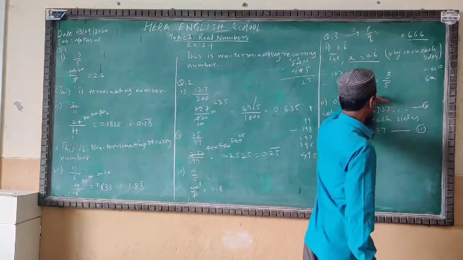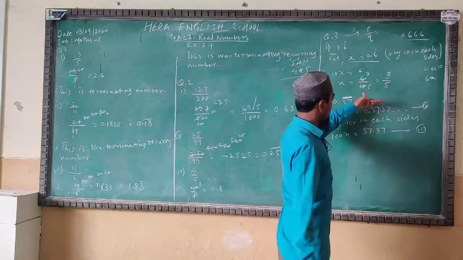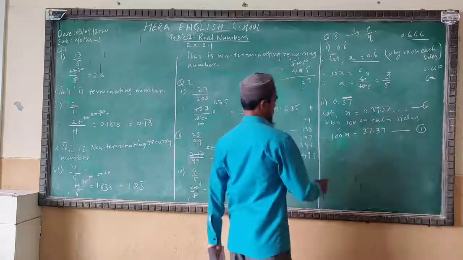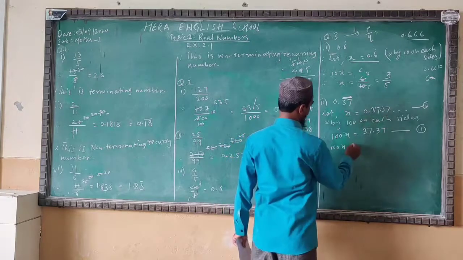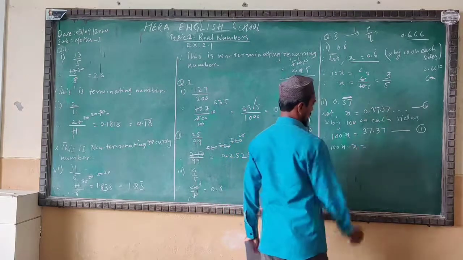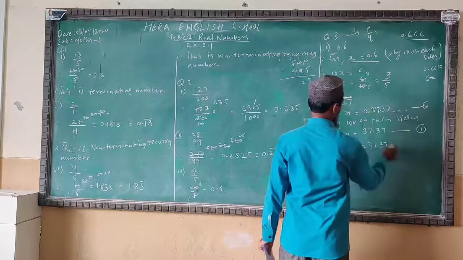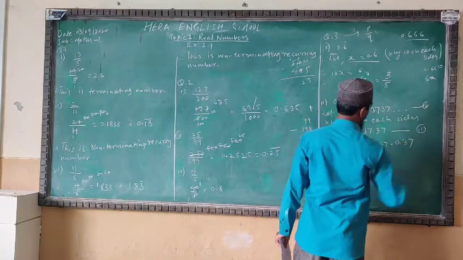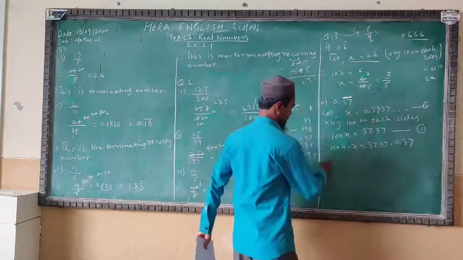We will subtract the first from the second: 100x minus x, and 37.37 bar minus 0.37 bar.